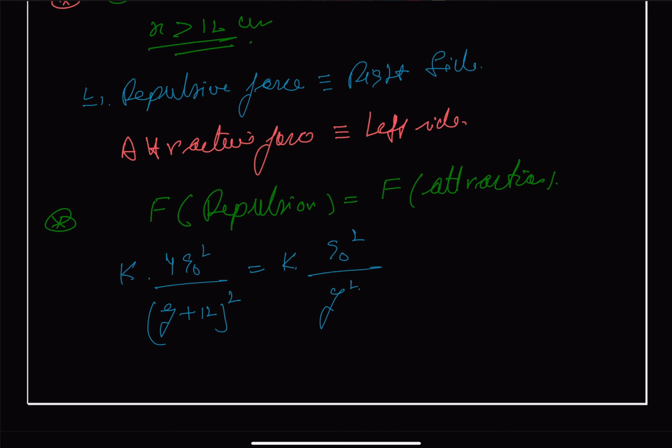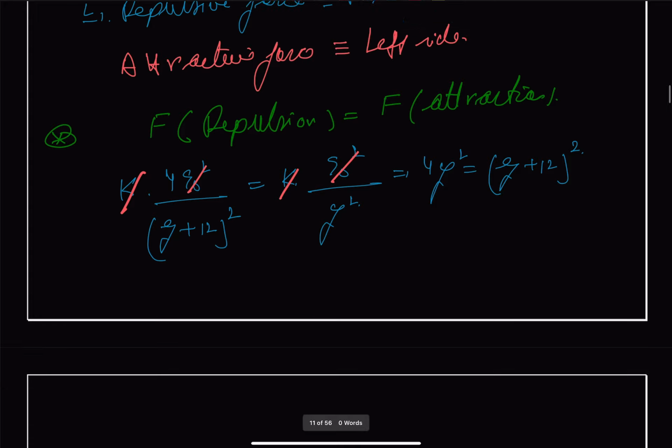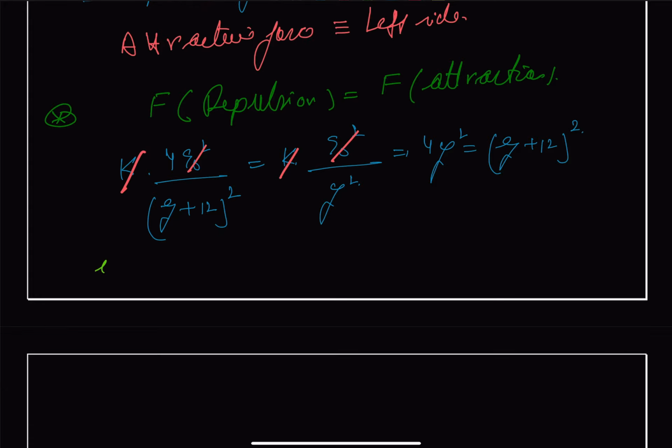Here K Q naught square cancels out. So we get 4y square is equal to y plus 12 whole square. This gives us y plus 12 is equal to 2y, giving 2y minus y is equal to 12, giving y is equal to 12.